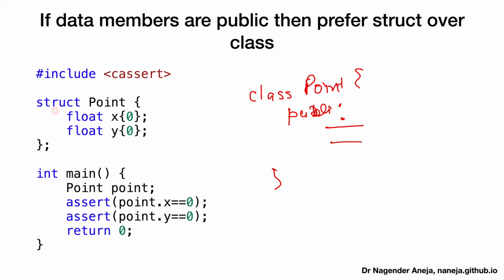We should use the struct and keep the member variables as, by default, public, so we don't have to write that these are public, and then we can use the dot operator here. So this is a very short program without any accessors and mutators. We should write programs like this one, but only when it's a trivial accessor and mutator. But if we have some restrictions in place, then this is not the best way.